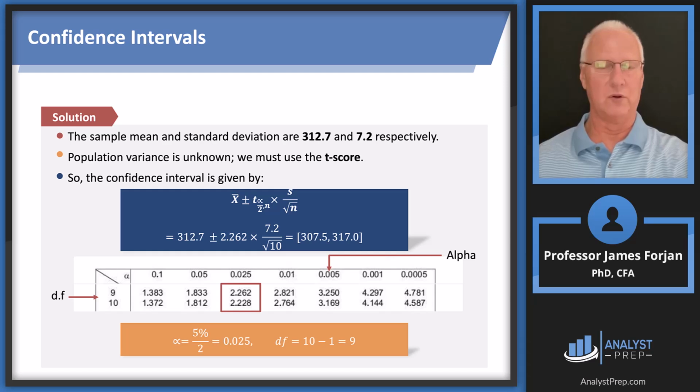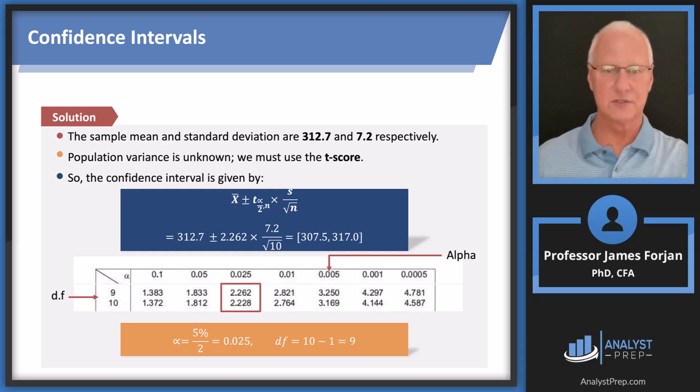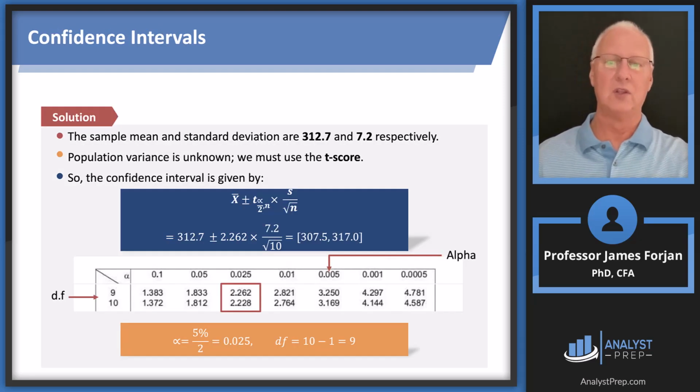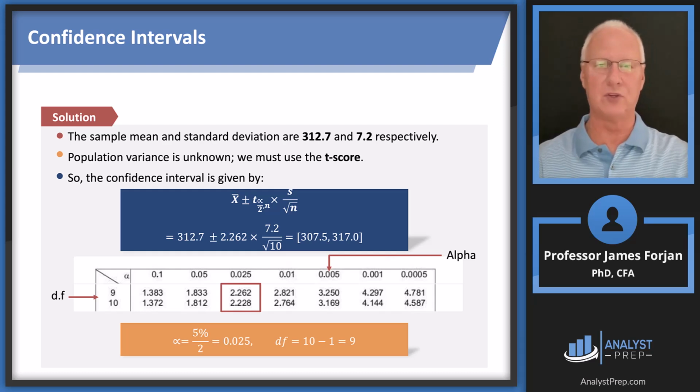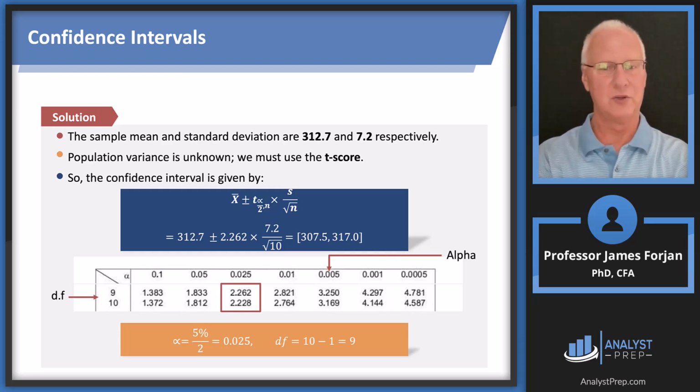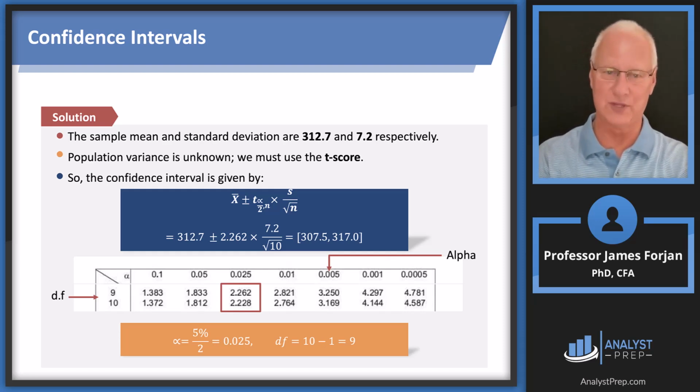So there we are in blue. We've got 312 plus or minus the critical value. Now, it's not on this page, so go back here. What do we say? 95%. So we need to chop that in half, so 2.5 and 2.5 on either side. Oh boy. So notice what we have boxed there: 2.228 and 2.262.